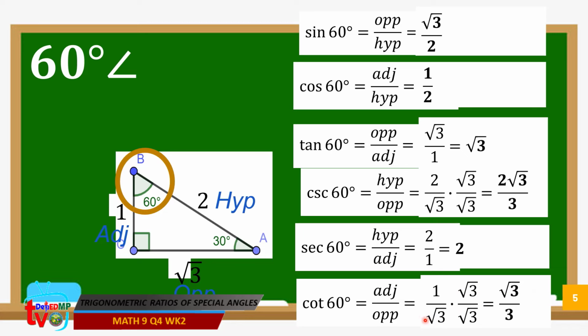And the denominators, square root of 3 times square root of 3 is square root of 9, or simply 3. Therefore, cotangent 60 degrees is square root of 3 over 3. So there we have the 6 trigonometric ratios of a 60-degree angle.